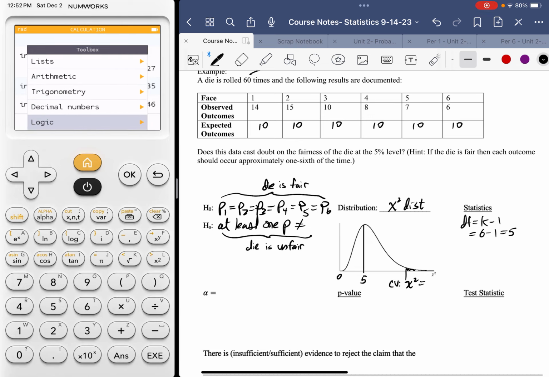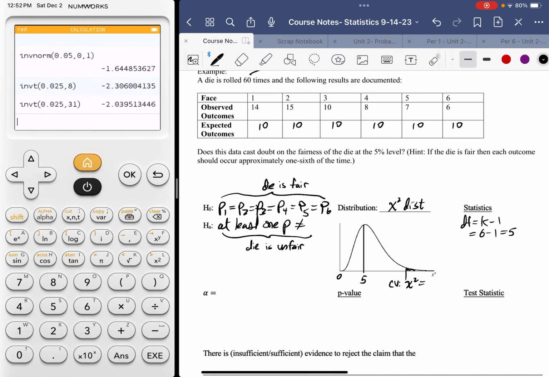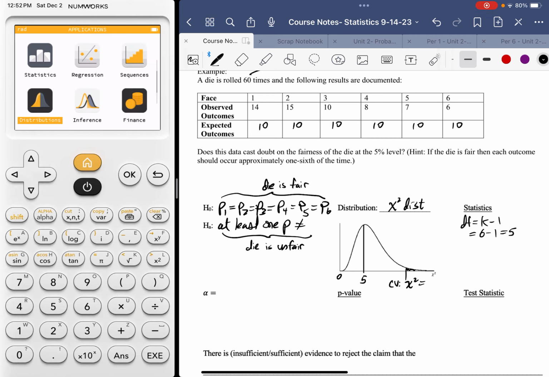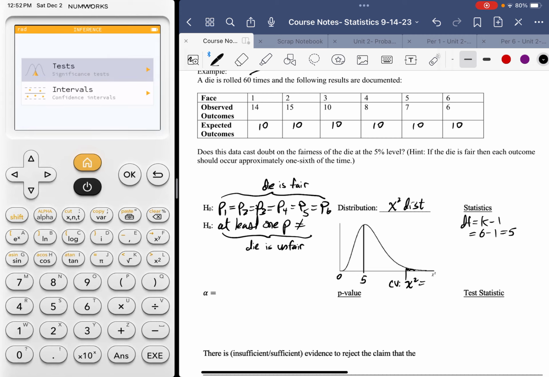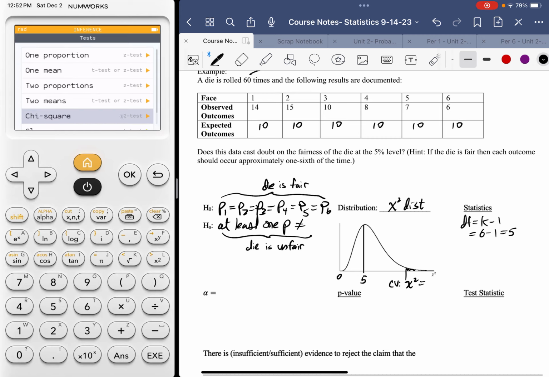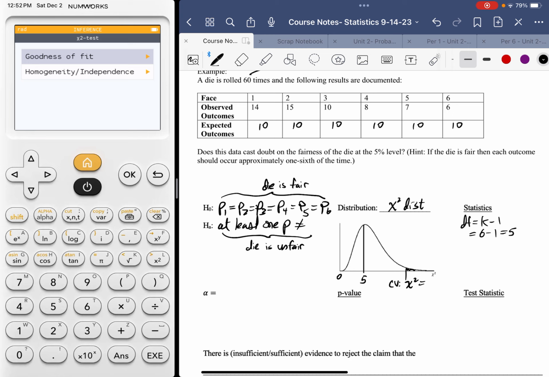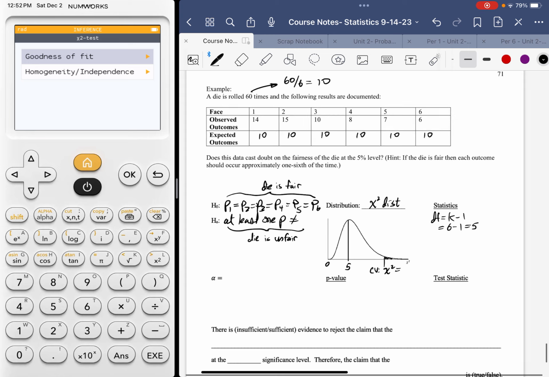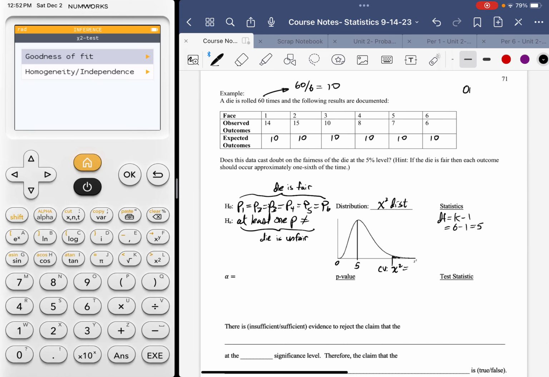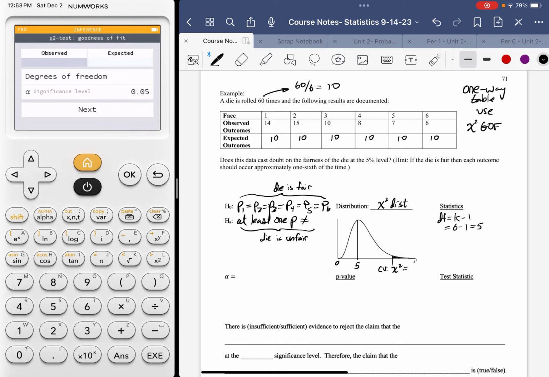You can scour the rest of the list looking for it. If you find it, let me know, because I haven't found it. But if you go into inference, test, go to chi-square, this is the goodness of fit test for a one-way table. Use chi-square GOF test, goodness of fit test.